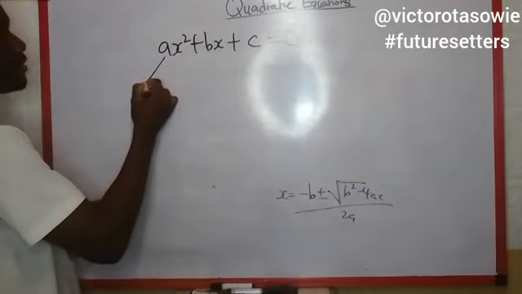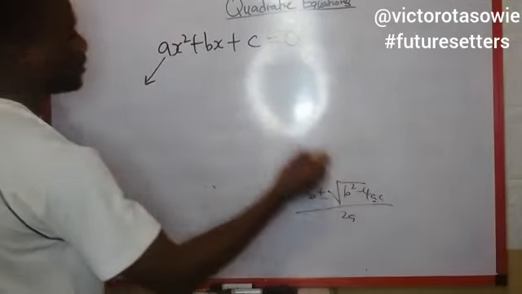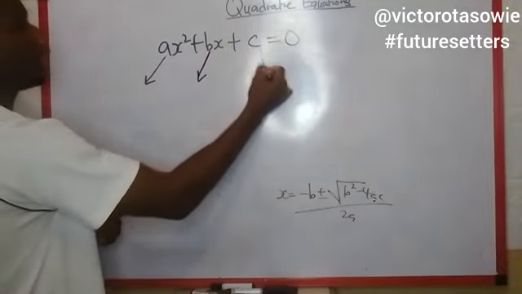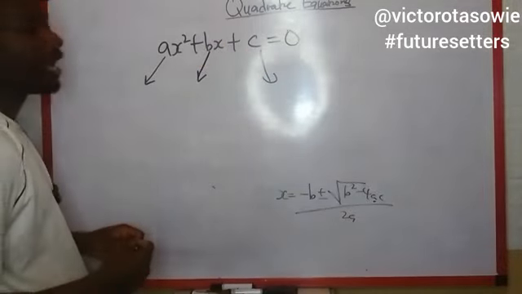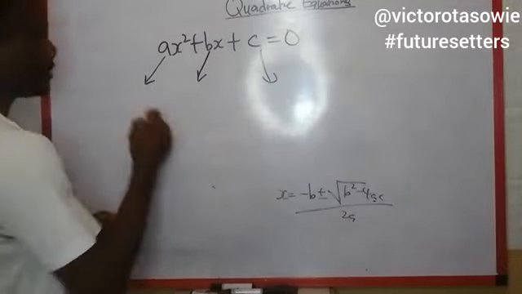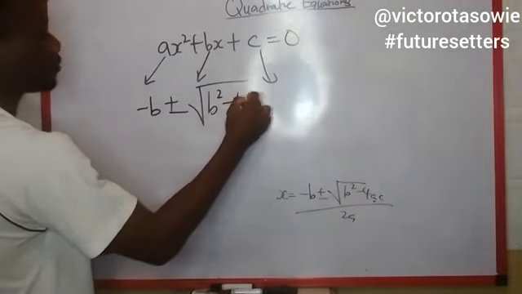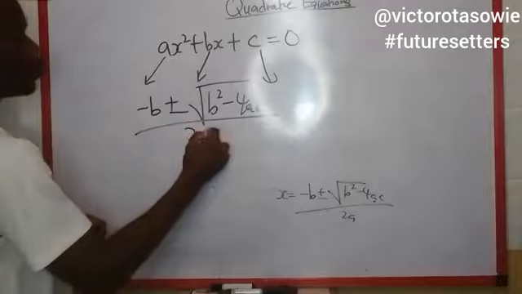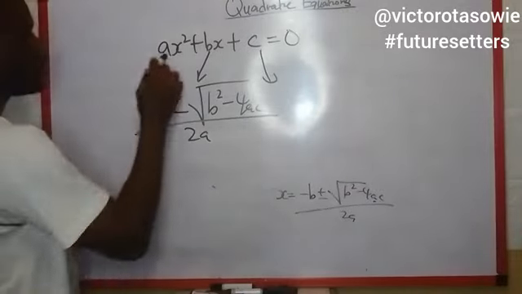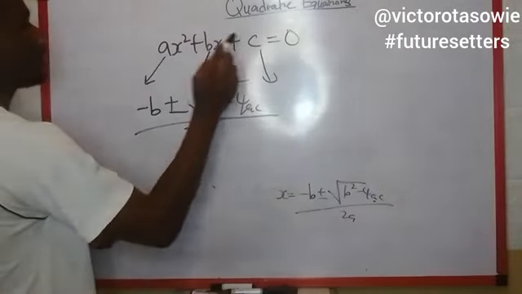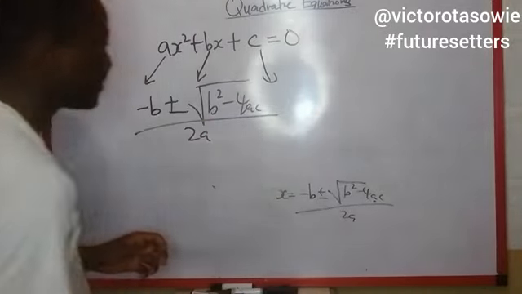So here is a, here is b, then here is c. So we have x equal to minus b, let's go again, minus b plus or minus square root of b squared minus 4ac over 2a. So where a is this, b is this, c is this, and then you get your final answer.